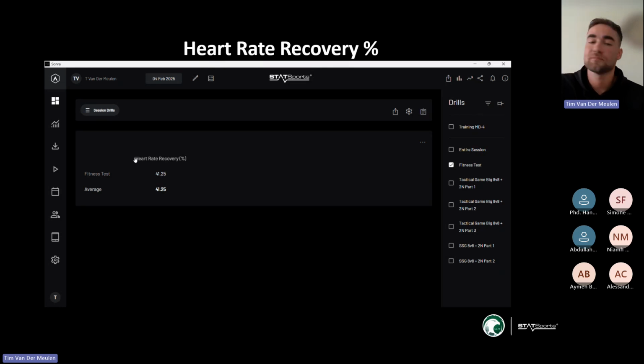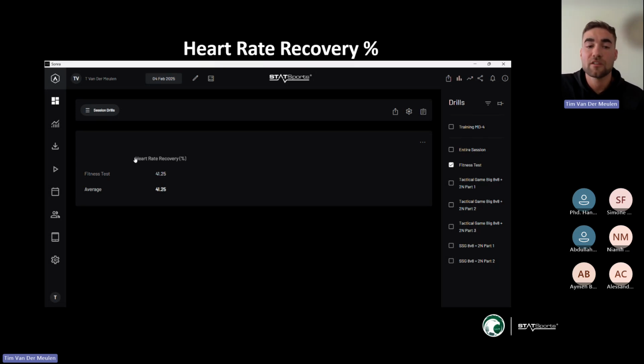But also imagine that you're able to use this within one specific training, for example, focusing on small-sided games. If you've created the structure to divide the different parts and blocks into different drills, then you're able to look at the recovery percentage between those different parts.